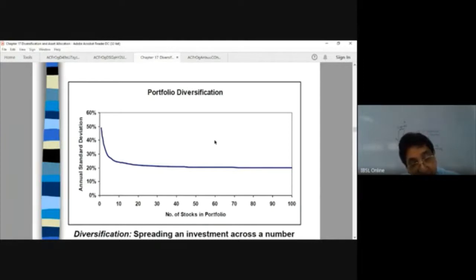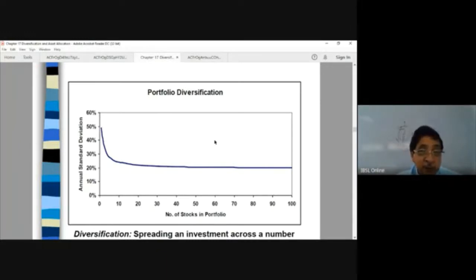So any risk contains a diversifiable part and a non-diversifiable part. In other words, the total risk can be divided into two: one part can be diversified, the other part cannot. The diversifiable risk and the undiversifiable risk.